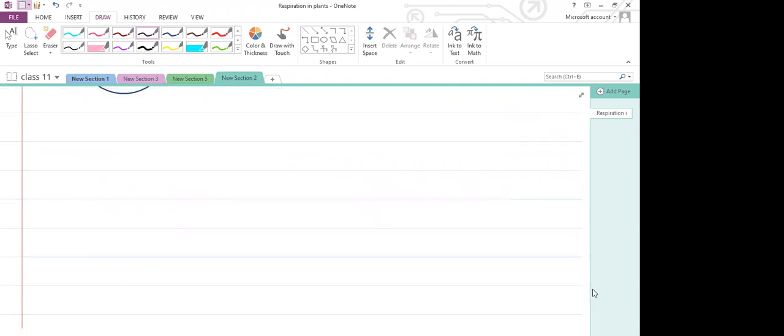So glycolysis. I will shift to the iPad and I will show you here because I'm not getting where I have kept this. Just a minute, students. Give me a minute. It was here.